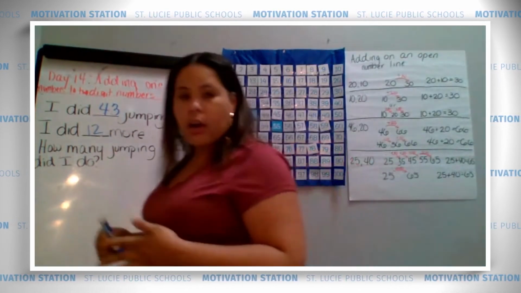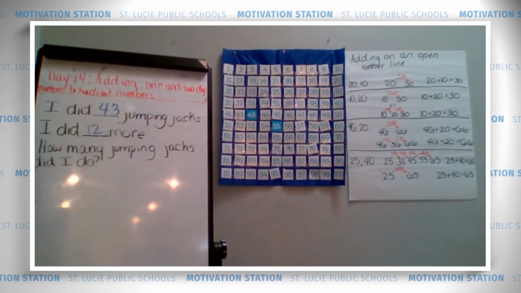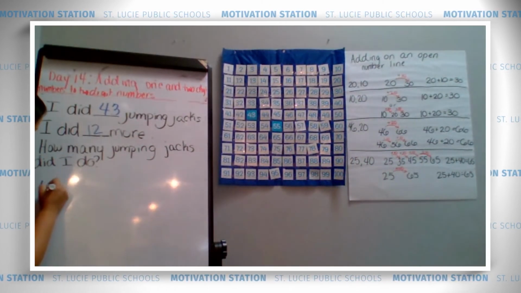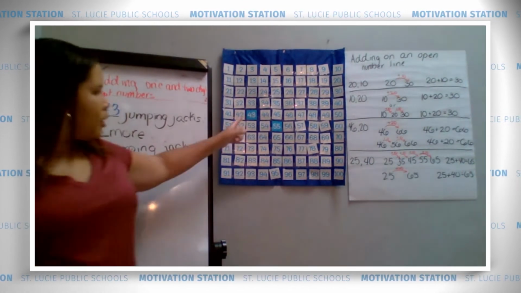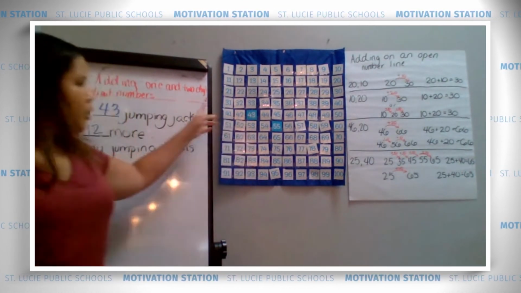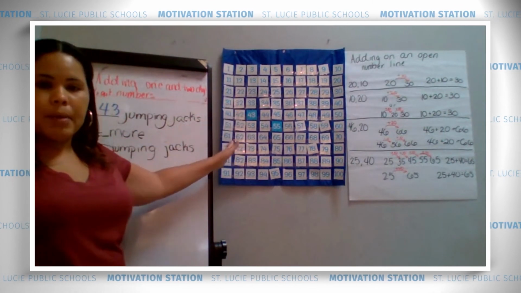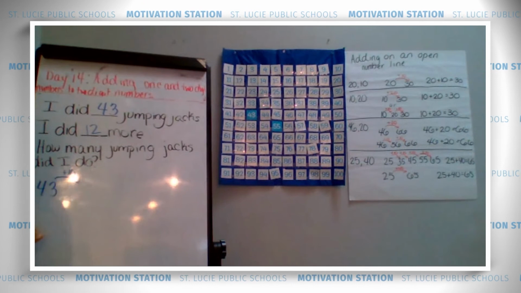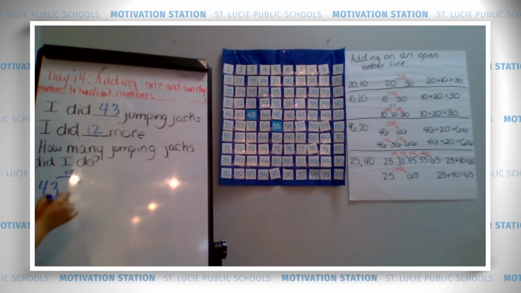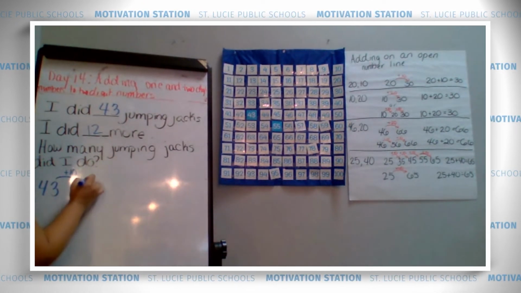What does that look like on our open number line? That's what we've been working on. 43. Now, remember, it was easy for us to jump one 10 because we know one 10 following our pattern goes right below. So let's add that 10 in our open number line. And we ended at 53.